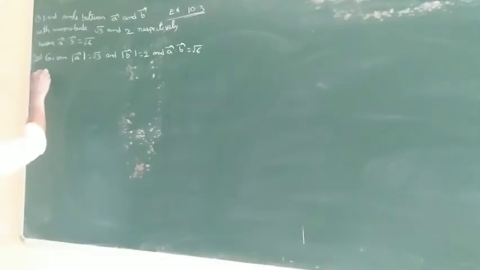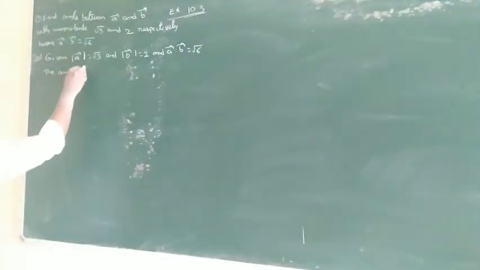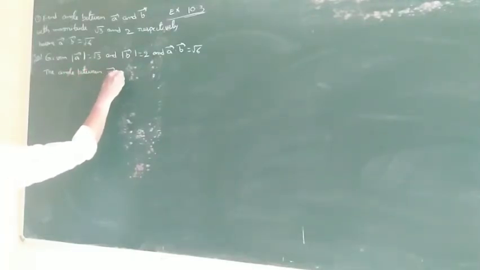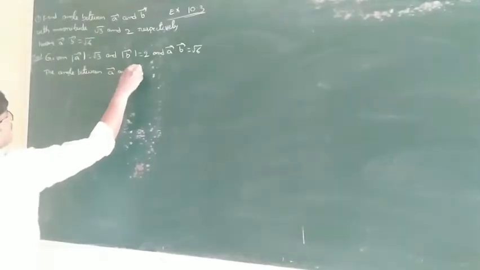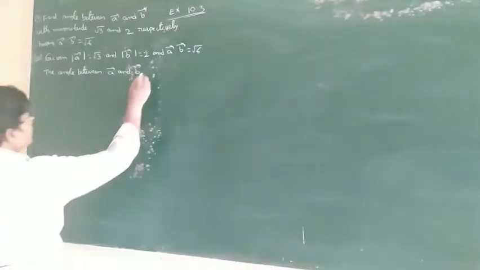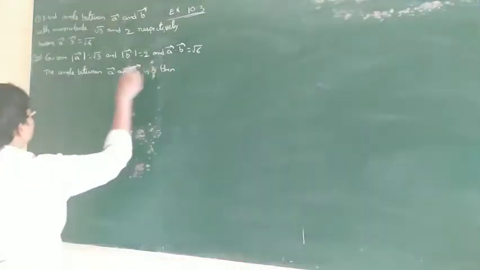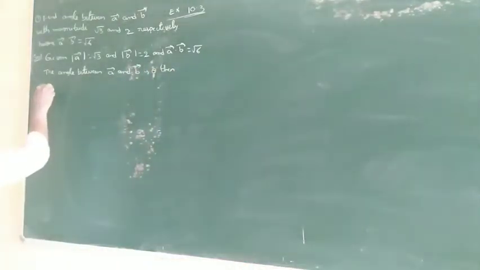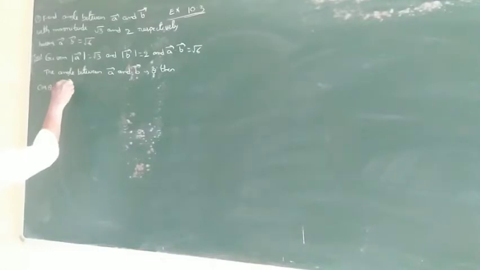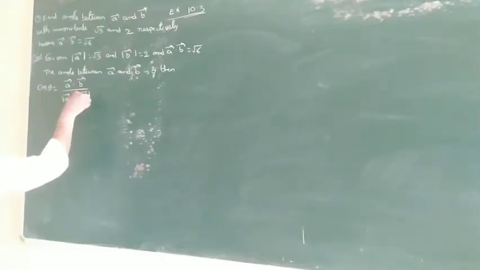The angle between a bar and b bar is theta. Then cos theta is equal to, what is the formula? a bar dot b bar by mod a bar into mod b bar.